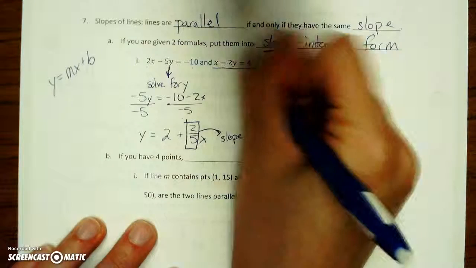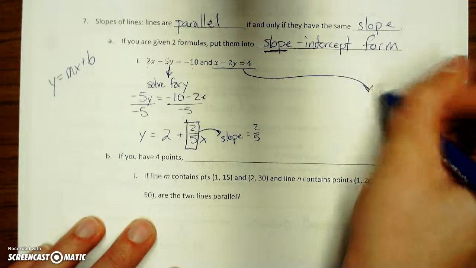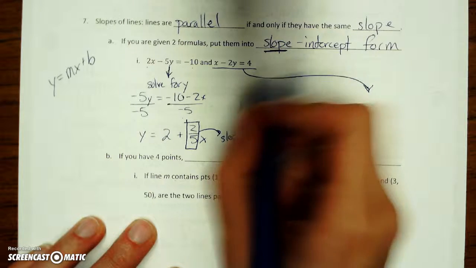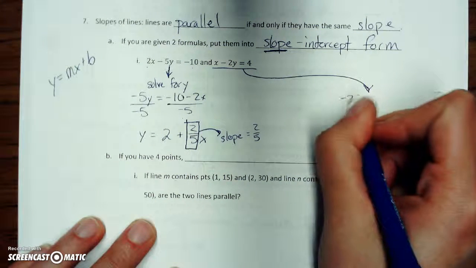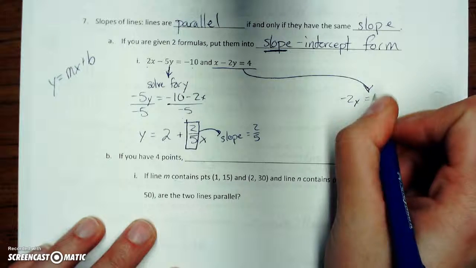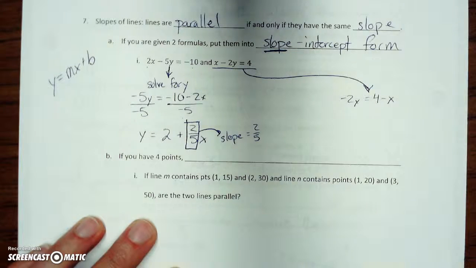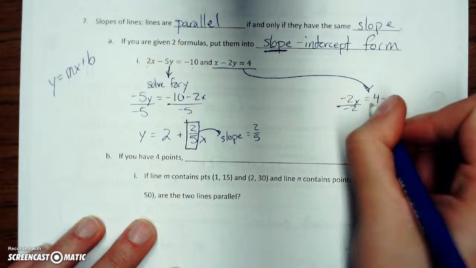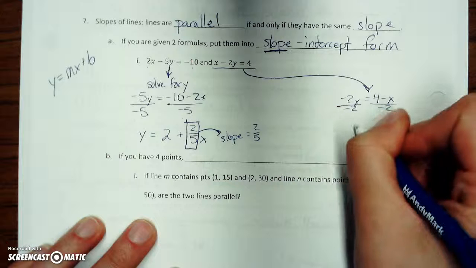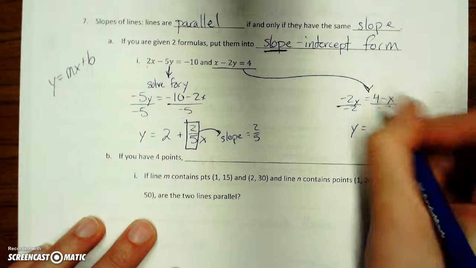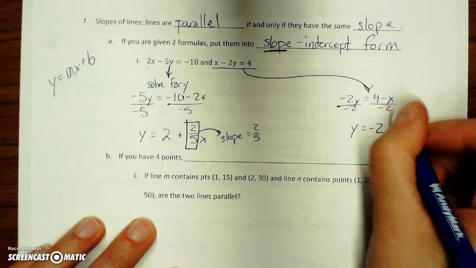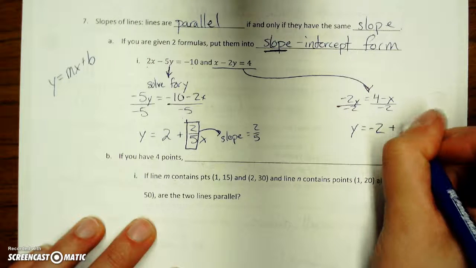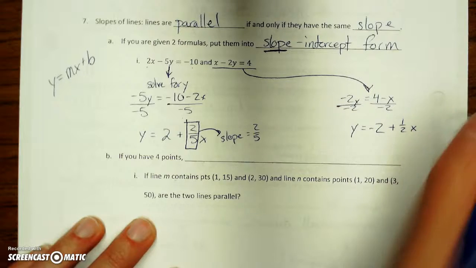Now we need to check out this line. If it has the same slope, we know that they'll be parallel. So again, I'm going to start by trying to get y by itself. And I have negative 2y is equal to 4 minus x, since I subtracted x from both sides. Next, I divide by negative 2. And I get y is equal to 4 divided by negative 2, which is negative 2, and negative x divided by negative 2 is a positive 1/2 x.